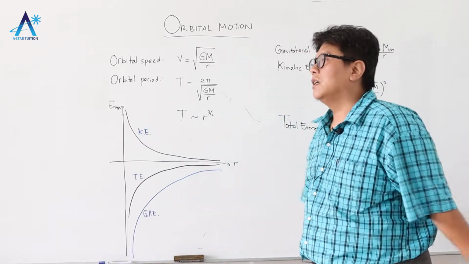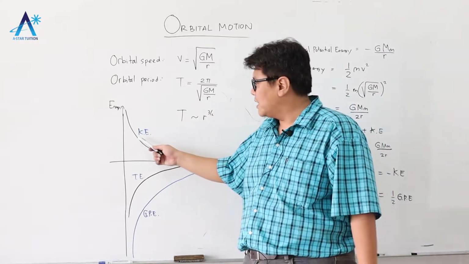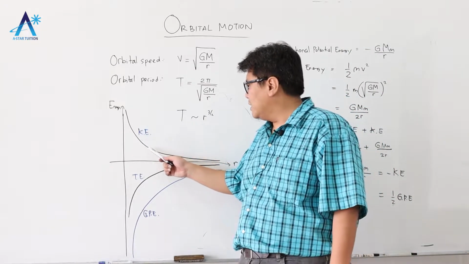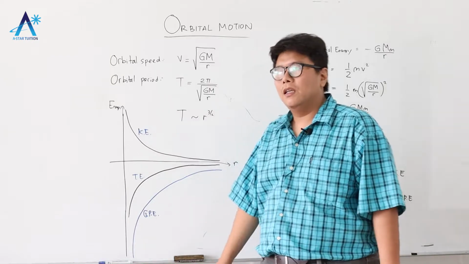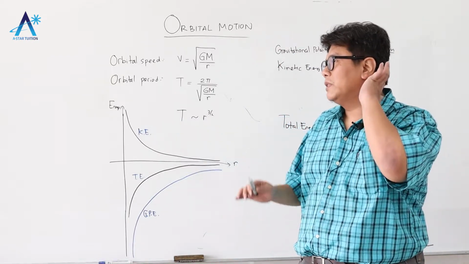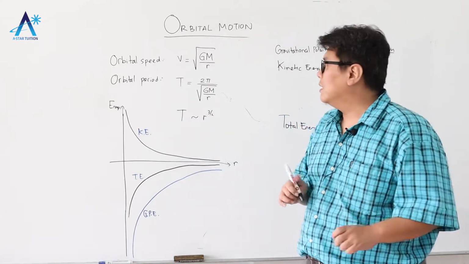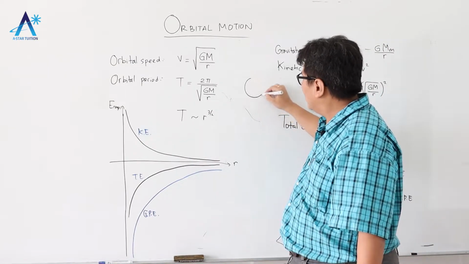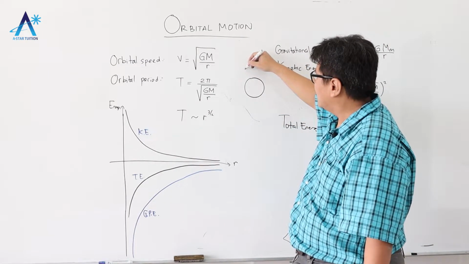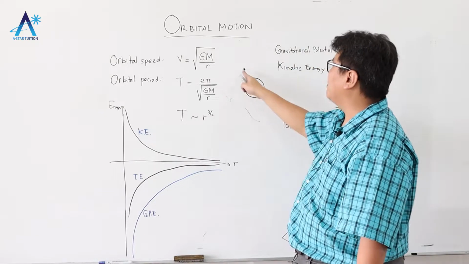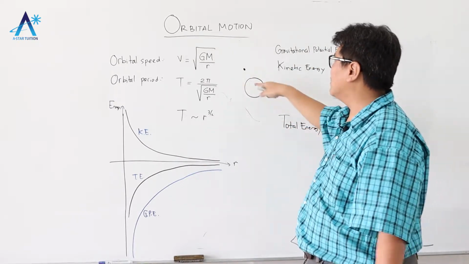But you have to be careful. Even though this shows that the kinetic energy increases when R decreases, sometimes it depends on the condition. For instance, let's say you have a planet orbiting around a star.